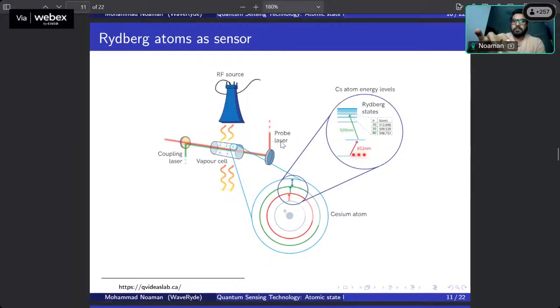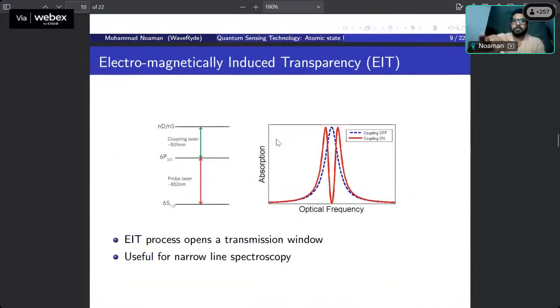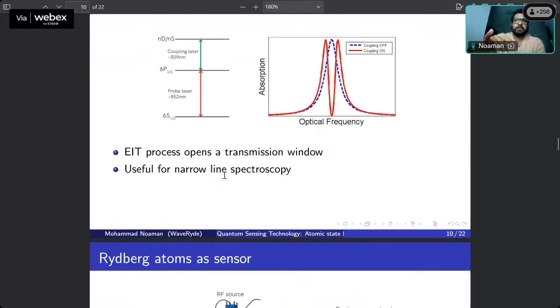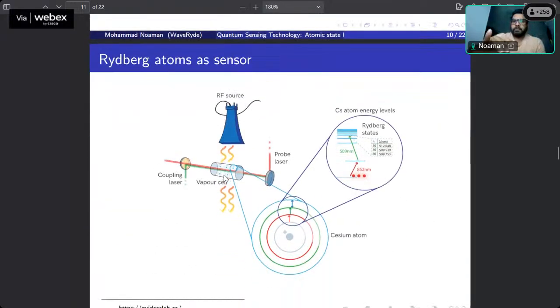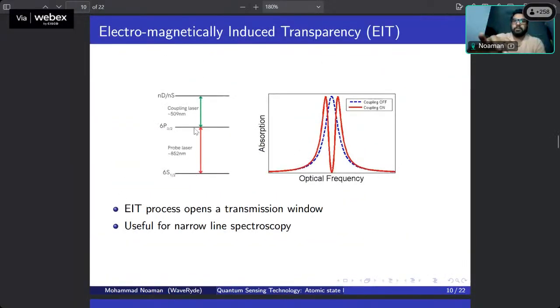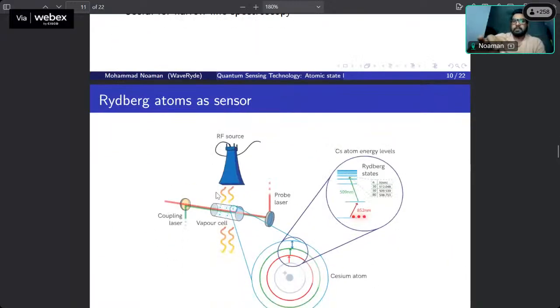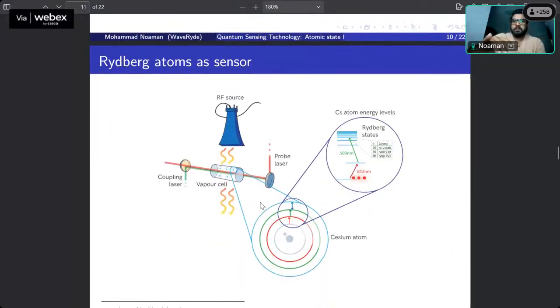This is called the probe laser. In this picture, the probe is the lower transition line. Again, these are technical terms very commonly used in the field, but don't get confused. And then there is a coupling laser, which couples and changes the transparency. So you have these two lasers in there.